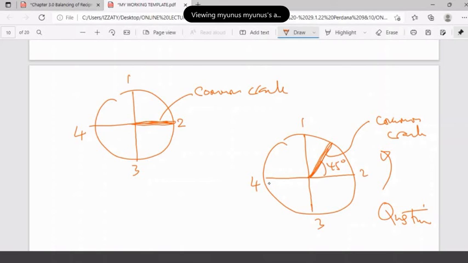Sine 45, you mean put it at what cylinder? Cylinder number 1 or number 2? 1. Can it be 2? Yes, it can.